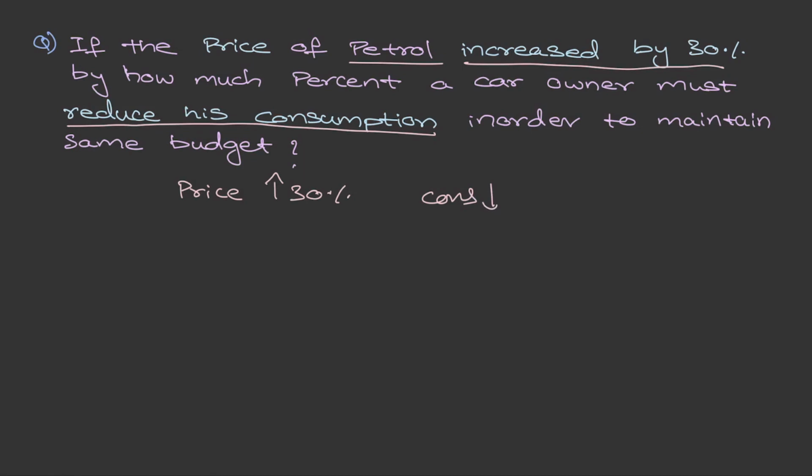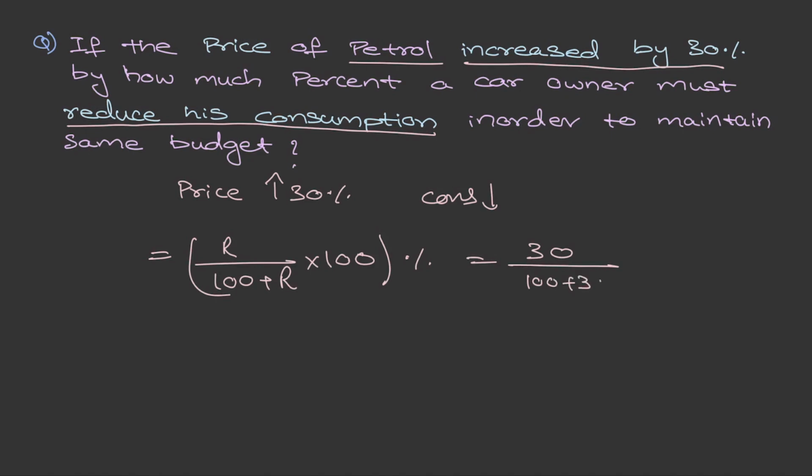Let's find out how much it must reduce. As we know, this is given by the formula R by 100 plus R into 100%. This is 30 by 100 plus 30 into 100, which is 30 by 130 into 100. So this is 300 by 13.